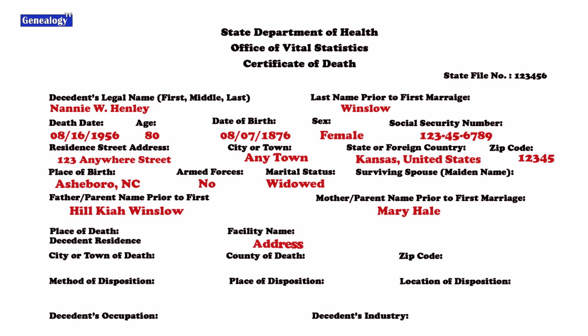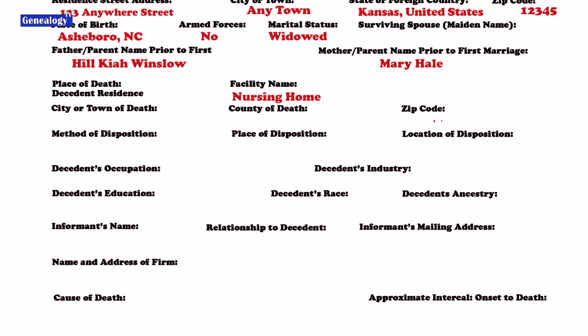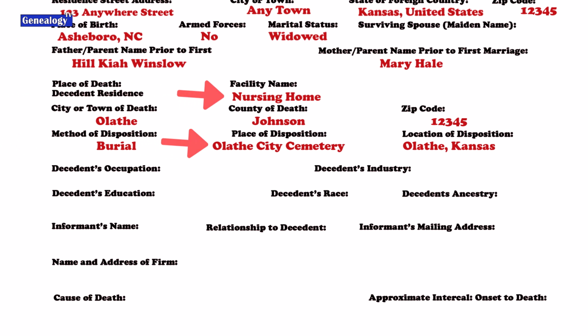Next, you may find an address or the nursing home that the person died in, the location. You also may find information about the cemetery. These are two locations, the nursing home and the cemetery, where you may find information about your ancestor, more records to look for.